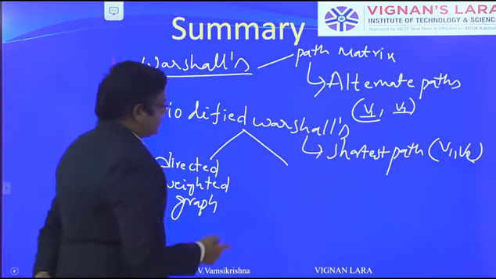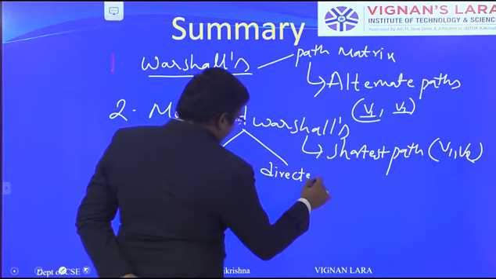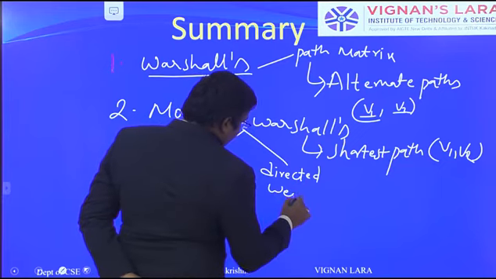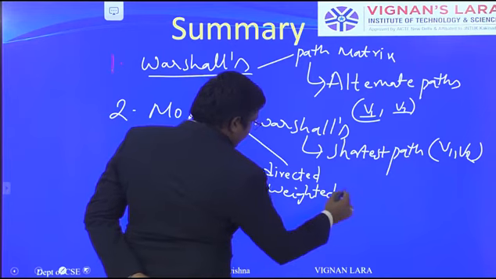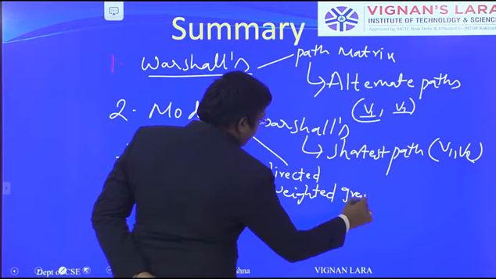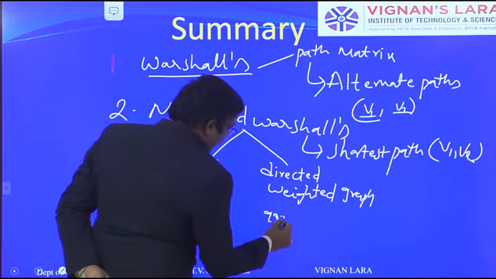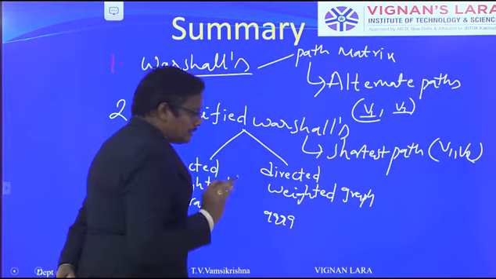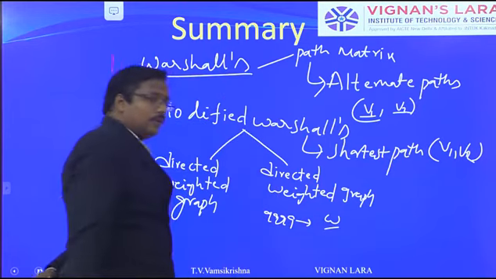In the other case, we take a directed weighted graph. Here, where an edge is not there, we use 9999 as the weight, and where there is a weight, we take it as W.